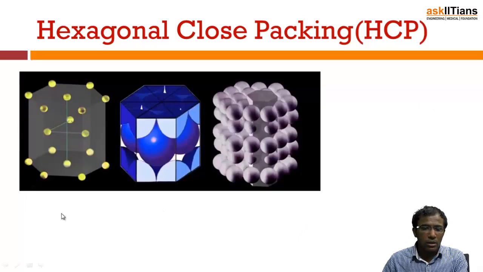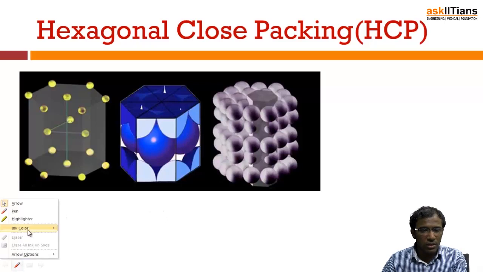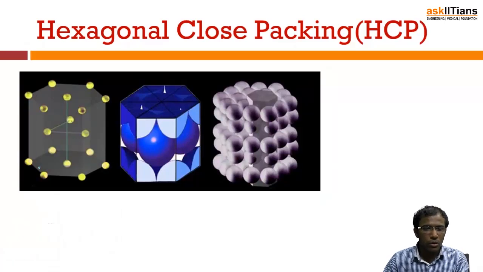Hexagonal close packing. Here, this is the unit cell; the HCP unit cell looks like this. We have 6 spheres, or 6 particles, at the corners of the hexagon, and we have one at the center of the face. So in total we have 3 plus 3 plus 1, that is 7 particles at the bottom, and we have 3 particles which belong entirely to the unit cell, and above that we have an exactly similar arrangement as shown below.